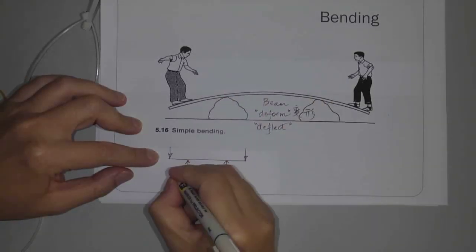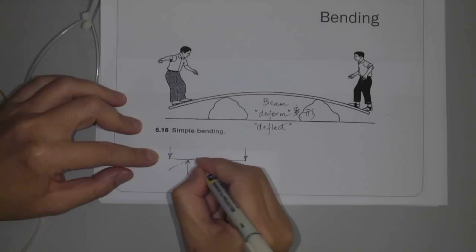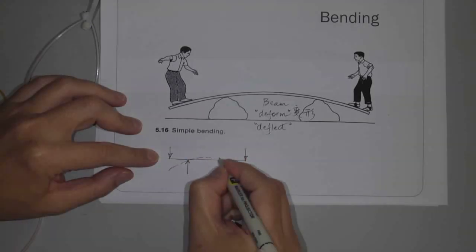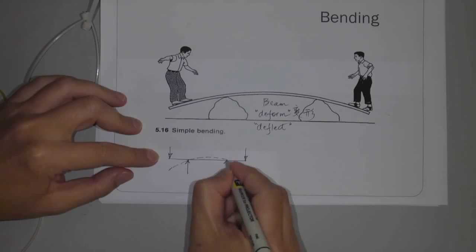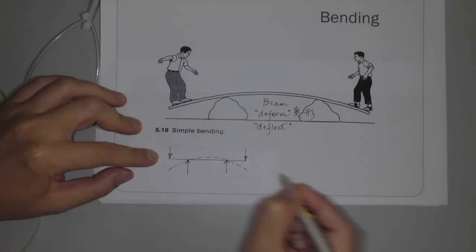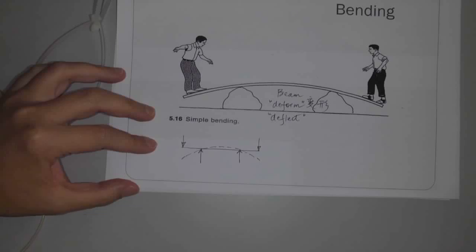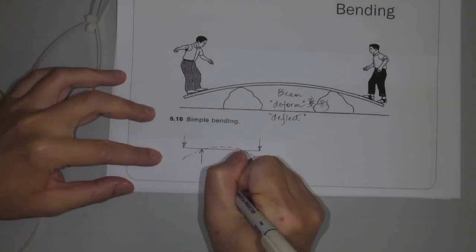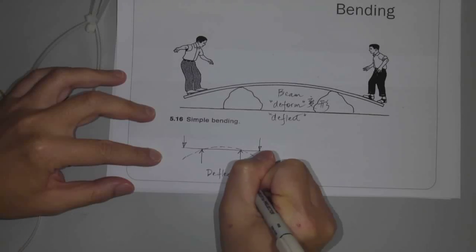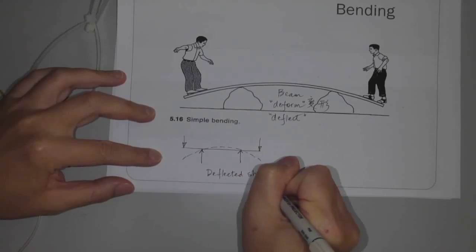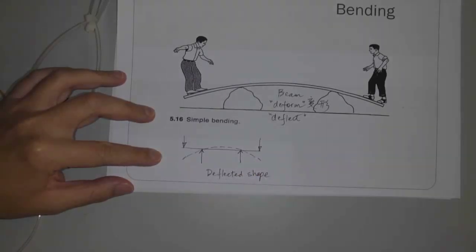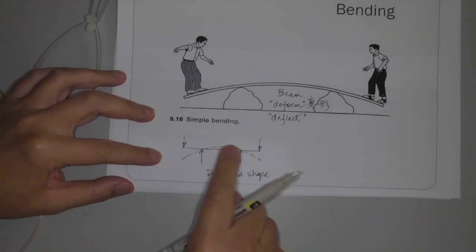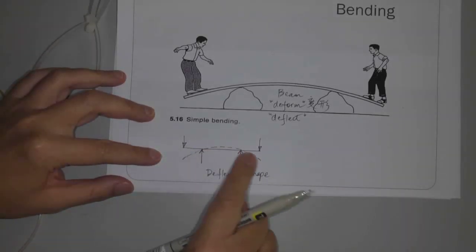So I will draw it like, to accentuate a bit. Right? Like that. That is the deflected shape. And it deflects or bends upward.